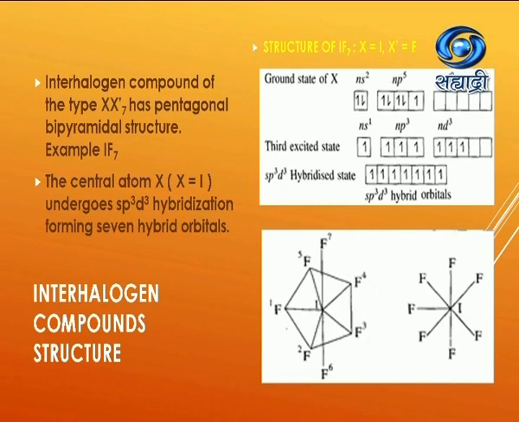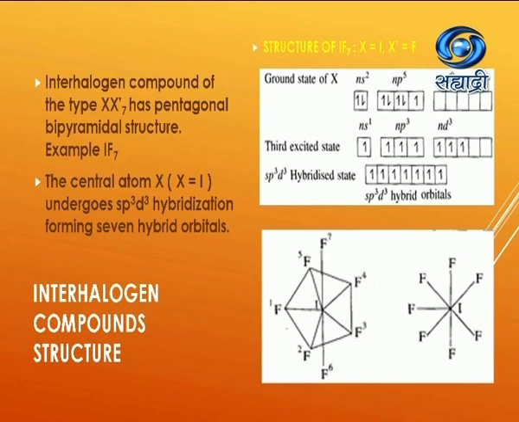And now in this state, there is sp3d3 hybridization, and a total of 7 hybrid orbitals are formed. All contain an unpaired electron, so all these sp3d3 hybrid orbitals take part in bonding.